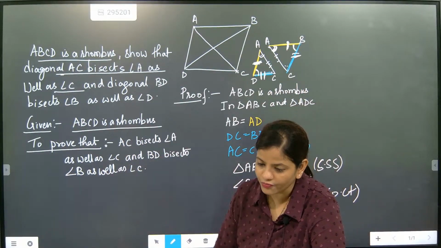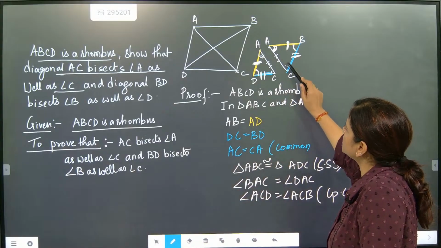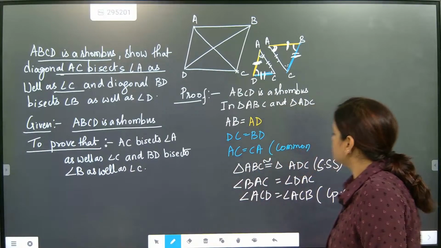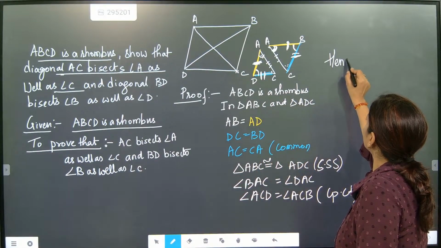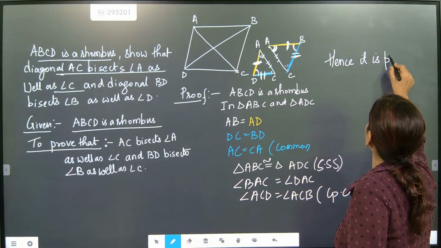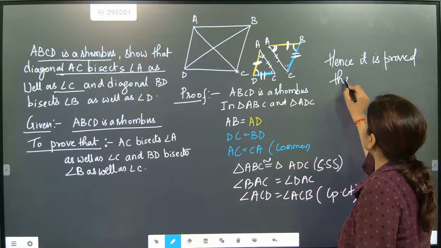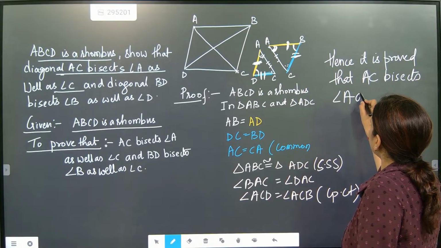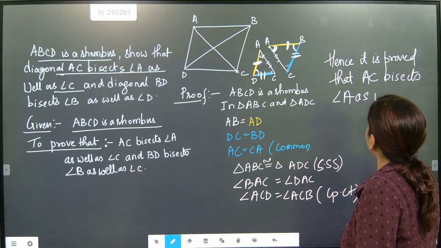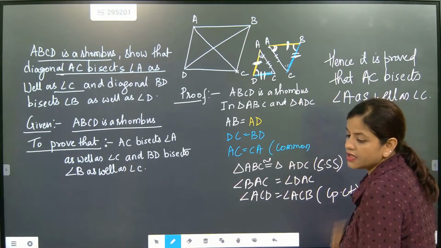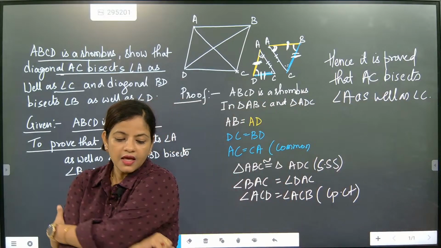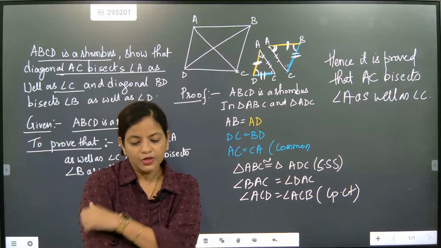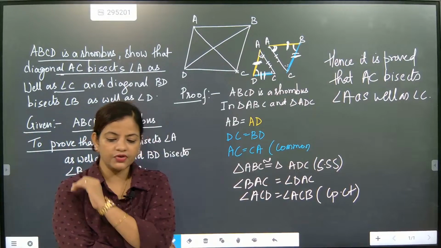So if we have proved that this equals this and this equals this, that means AC is bisecting angle A as well as angle C. Hence it is proved that AC bisects angle A as well as angle C. So this is exactly the concept we are drawing and writing.